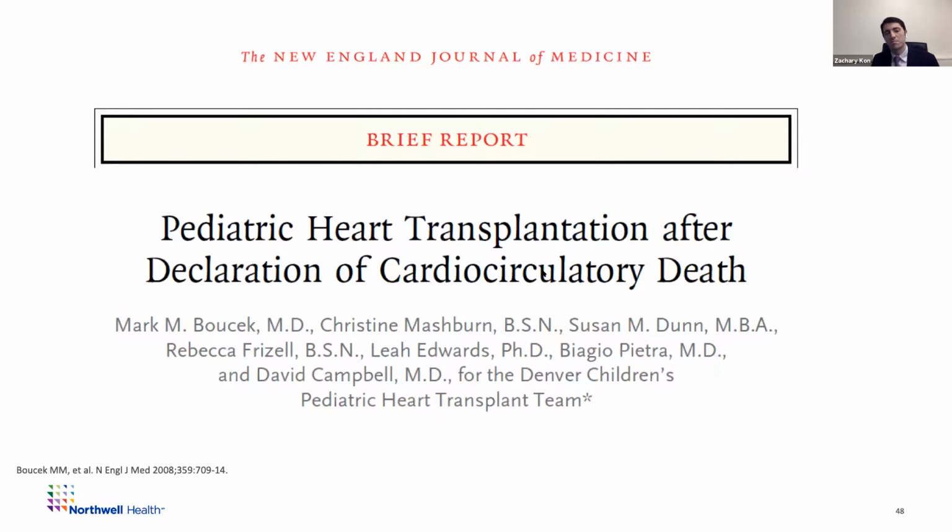So I bring this up mostly as a lesson from our past on how moving the needle on a technology or a service that we can provide to our patients should always have the foundation behind it before the clinical care starts. And I think, as Jacob said, this definitely is the case now with DCD heart donation.